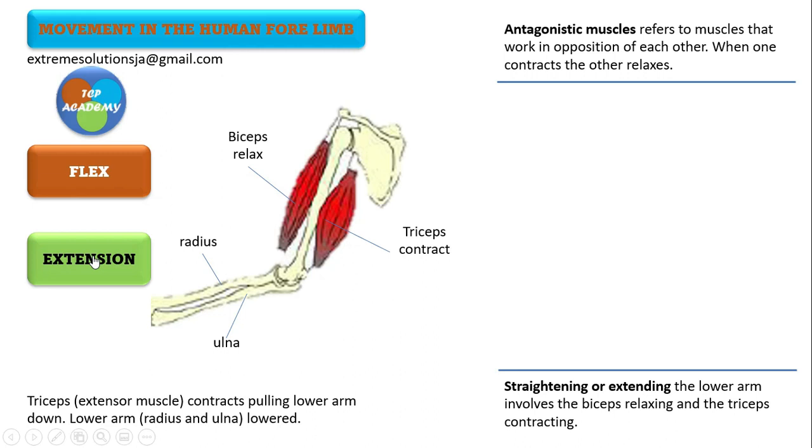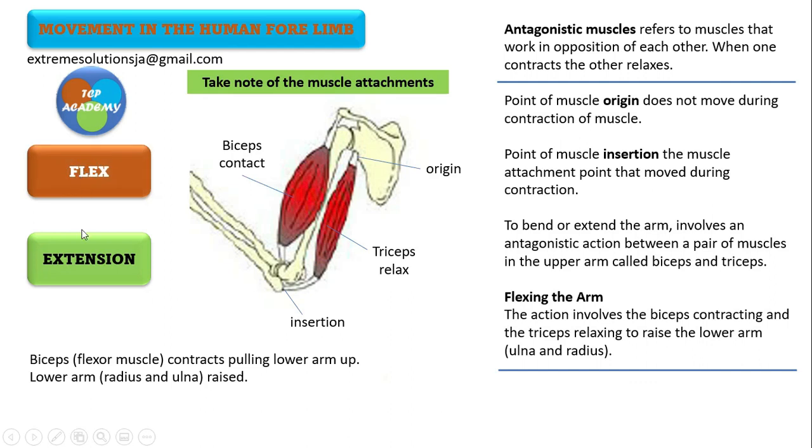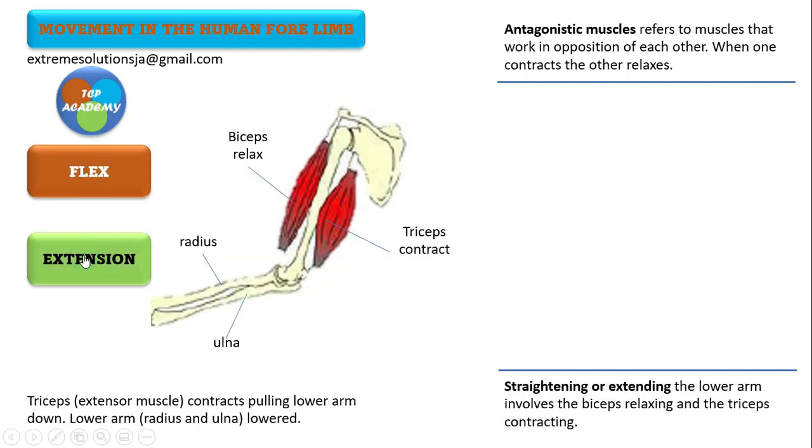During extension, the triceps, which are called extensor muscles, contract and pull the arm lower, or they will lower the arm down to the side. Here, the radius and the ulna will, of course, be lowered. Let's do that again. So there we have flexion, and here we have extension.